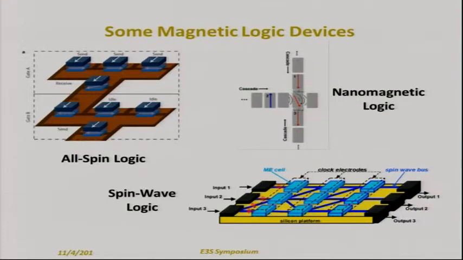Nanomagnetic logic is one in which the nanomagnets interact via their stray dipole magnetic field coupling. Spin wave logic is another scheme where spin waves are injected through a metal that's exchange coupled to the nanomagnets. All 3 of these involve nanomagnets and would benefit from the actuation available by magnetoelectric coupling.